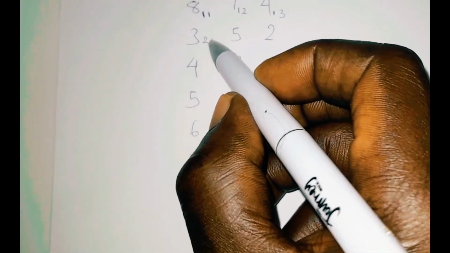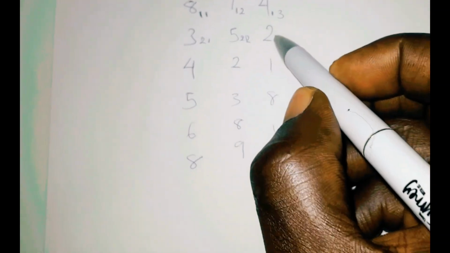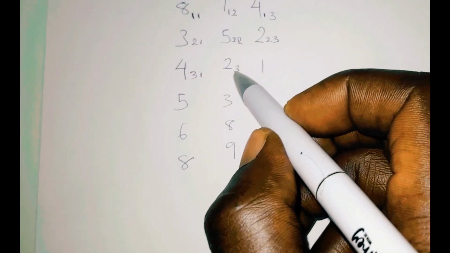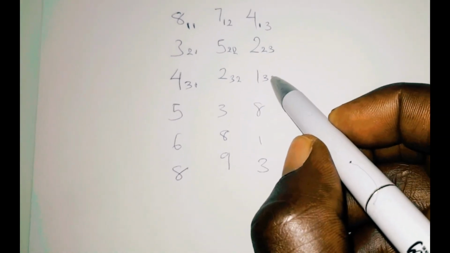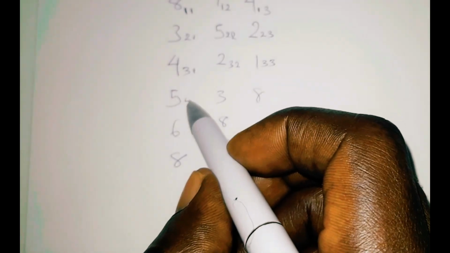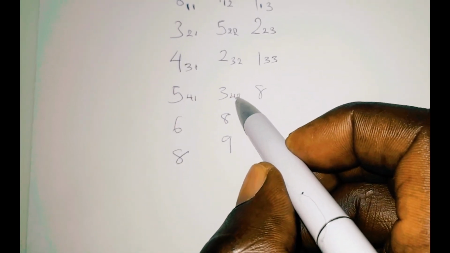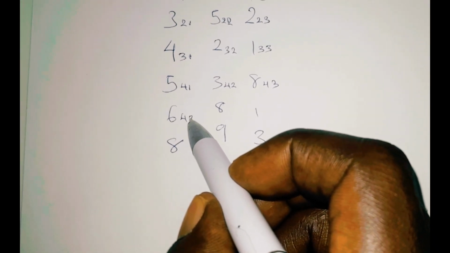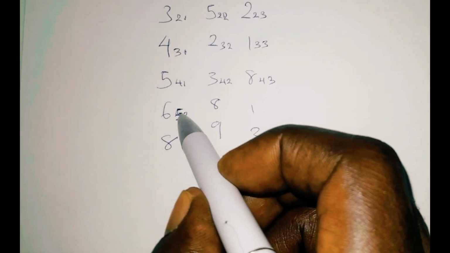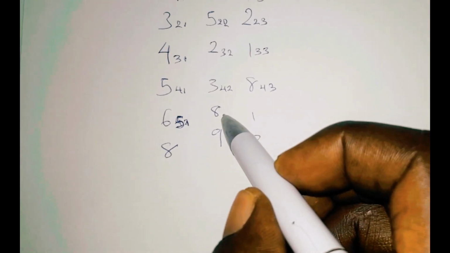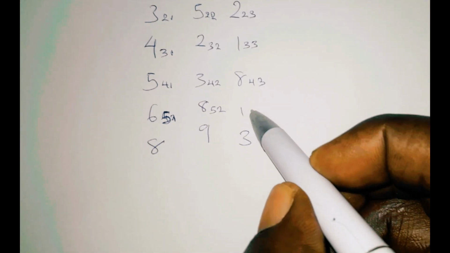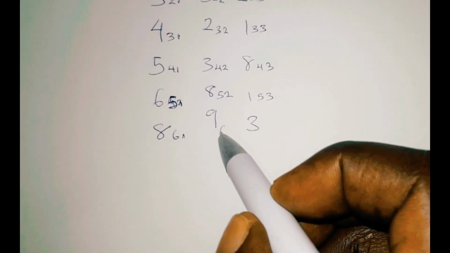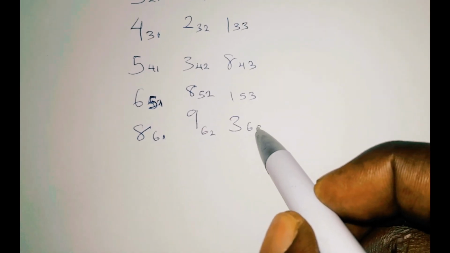We have row 2, column 1, row 2, column 2, row 2, column 3, row 3, column 1, row 3, column 2, row 3, column 3. We have row 4, column 1, row 4, column 2, row 4, column 3, row 5, column 1, row 5, column 2, row 5, column 3. We have row 6, column 1, row 6, column 2, row 6, column 3.